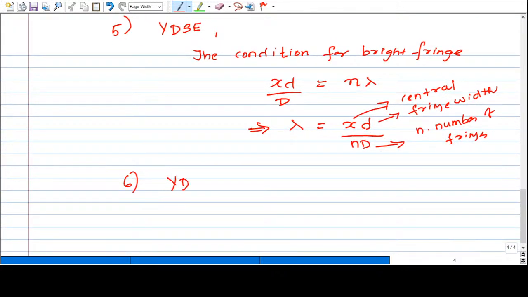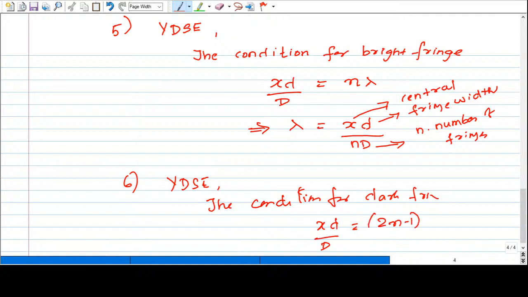In the YDSE experiment, the condition for dark fringe is xd by capital D is equal to 2n minus 1 into lambda by 2.